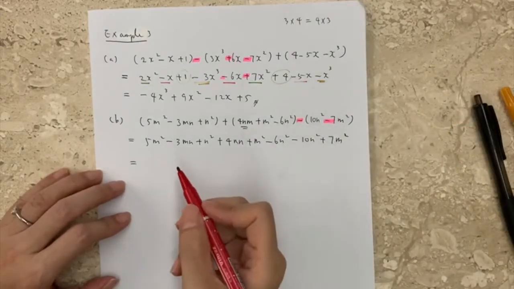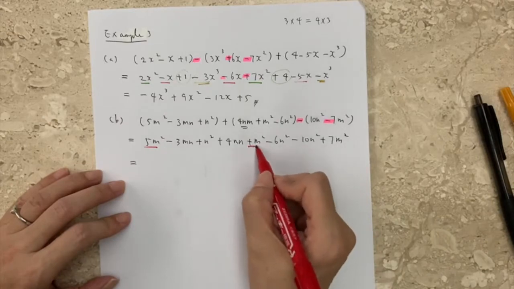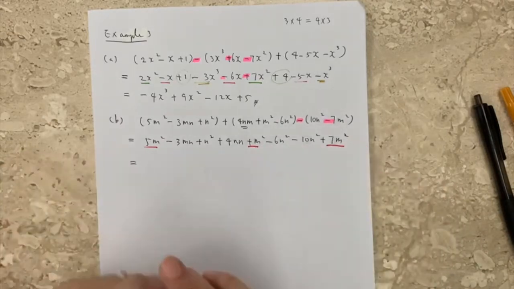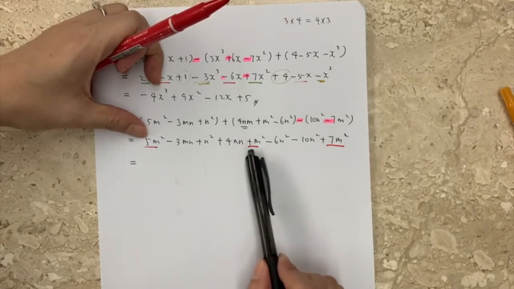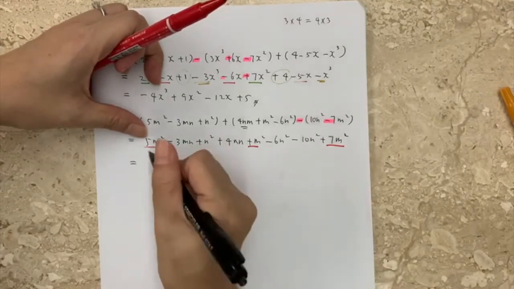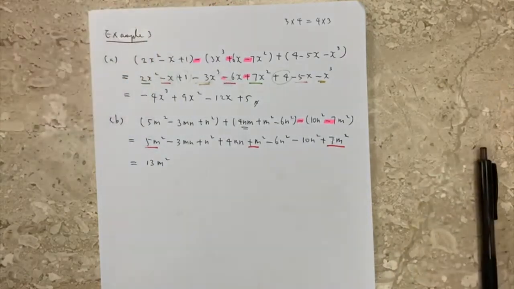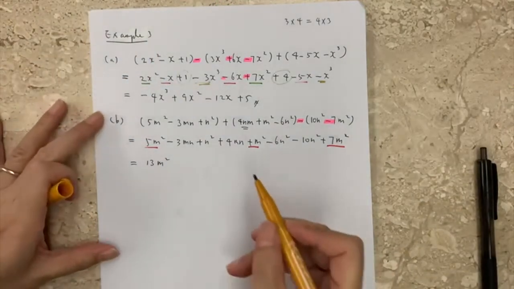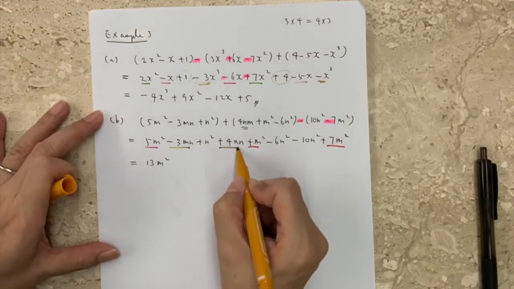Okay, now I can get my final solution. This is m squared, and then here m squared, and then m squared. So how many m squared altogether? This is 5 plus 1 is 6, plus 7. That will be 13m squared. Next I come to mn: minus 3, plus 4, no more.